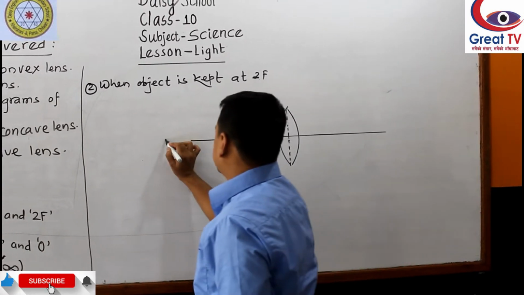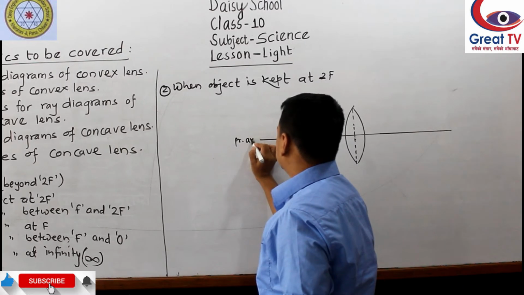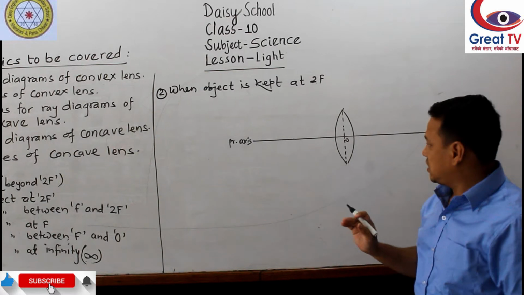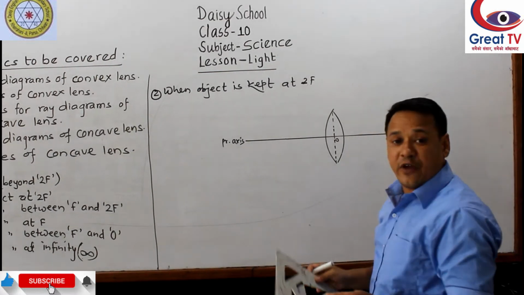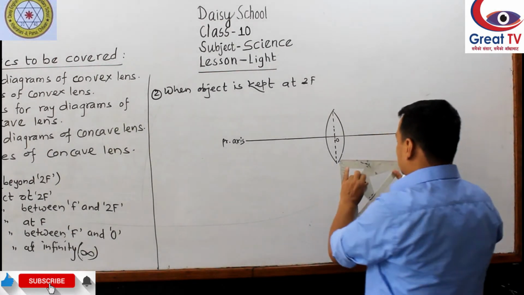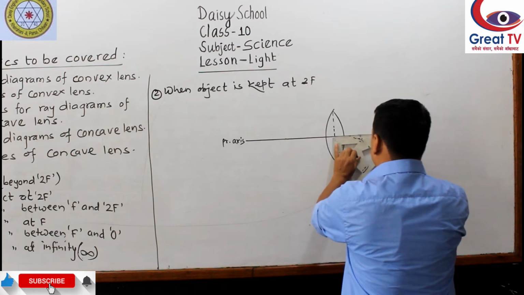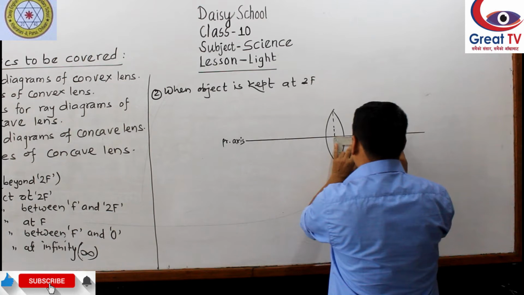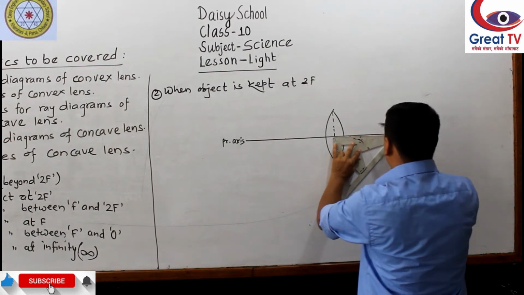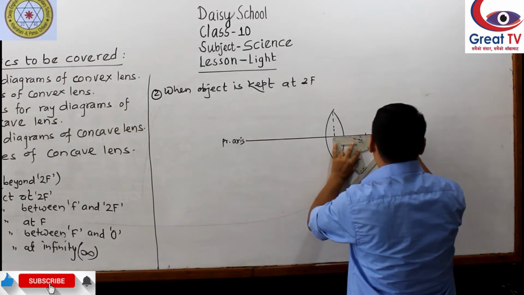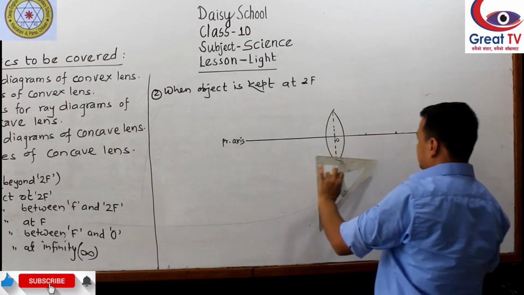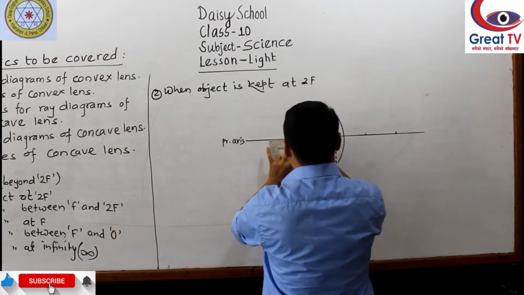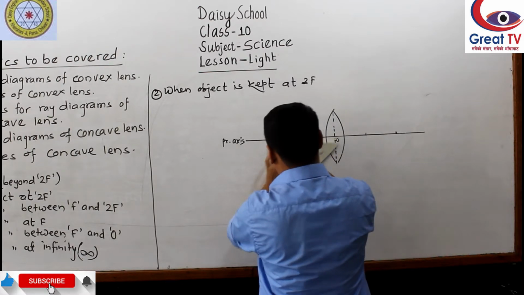This is the principal axis. This is the optical center, and now draw f and 2f. You know how to draw f and 2f from the optical center. 3 centimeter in your copy will be better. Now here I am taking 5 centimeter, and from this side also 5.